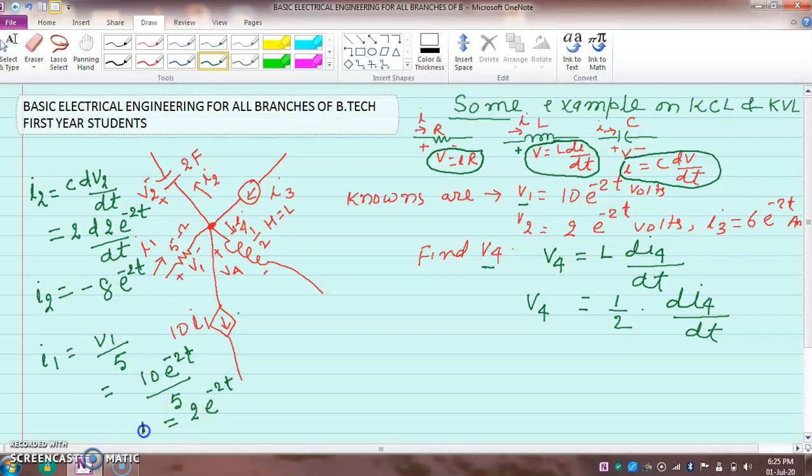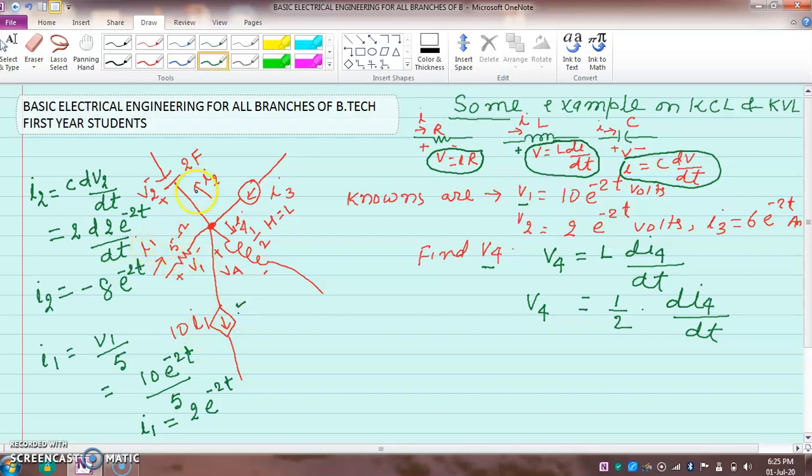So I1 is calculated. Since I1 is calculated, 10 I1 is also calculated, and it will be 20 e to the power minus 2t.